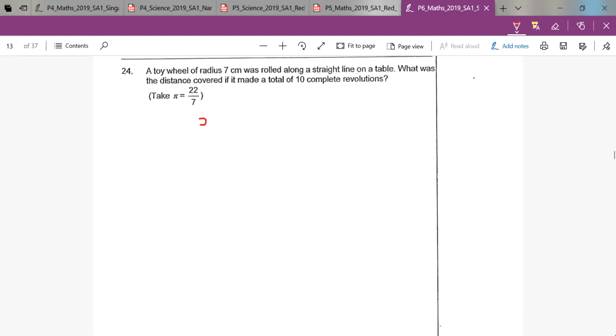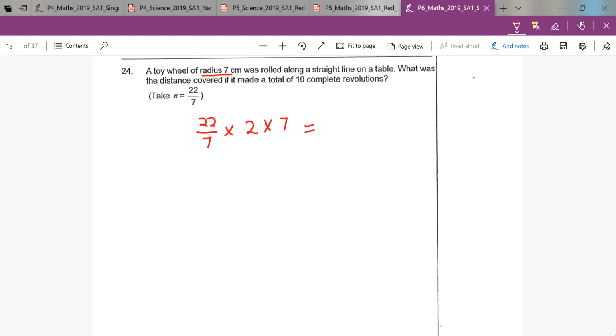How to find circumference? Circumference is pi d, which is 22 over 7 times d. What is d? D is 2 radii added together, right? Which is 2 times 7.